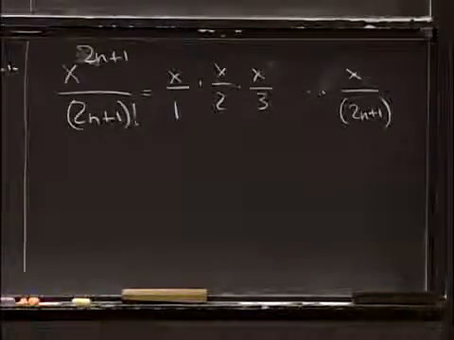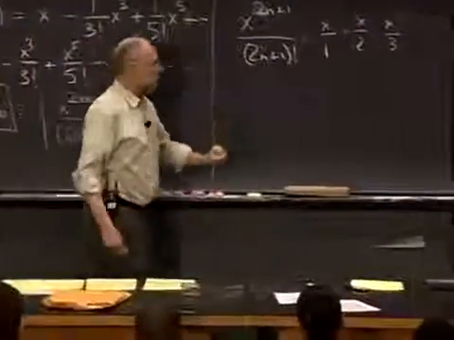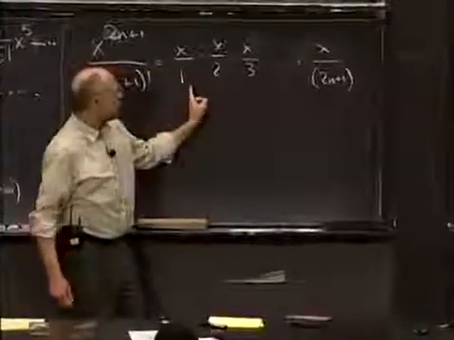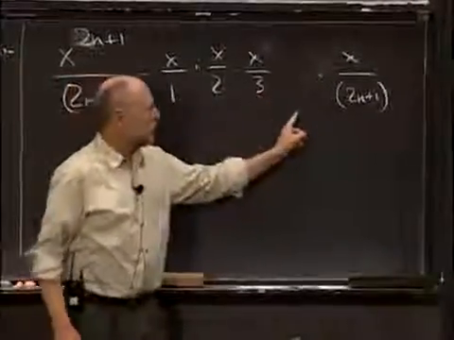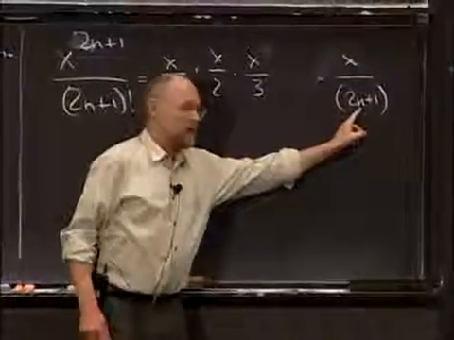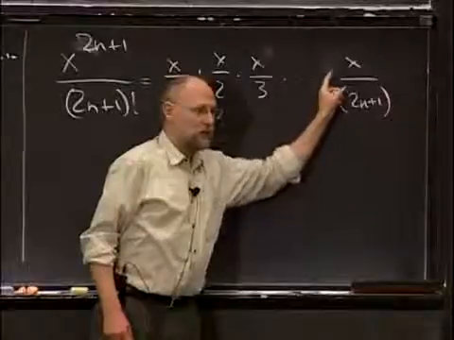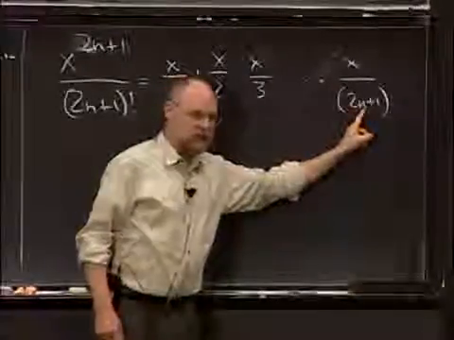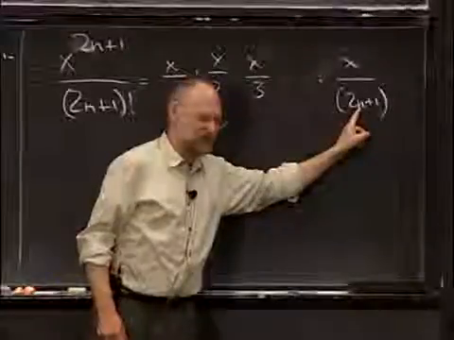Now, x is fixed, so maybe it's 1,000,000, okay? Big, but fixed. What happens to these numbers? Well, at first they're pretty big. This is 1,000,000 over 2, this is 1,000,000 over 3. But when n gets to be, maybe if n is 1,000,000, then this is about 1/2. If n is 1,000,000,000, then this is about 1 over 2,000, right?